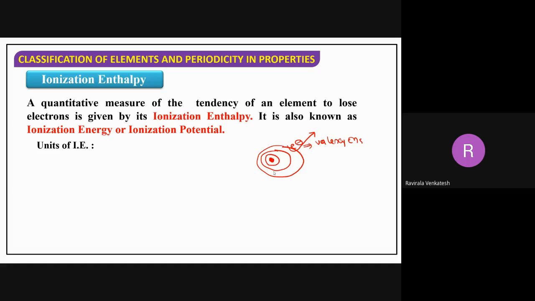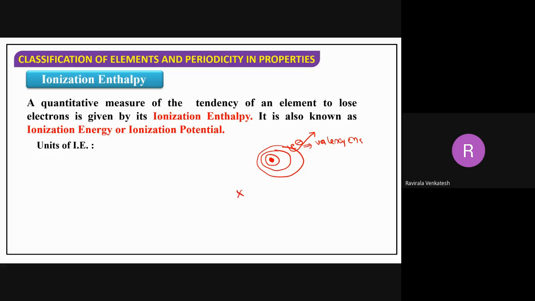Understood the definition? Very simple: the amount of energy required to remove an electron from the valency shell is called ionization enthalpy. Now, in this case, two things are very, very important. Before removing the electron, for example, X is there.